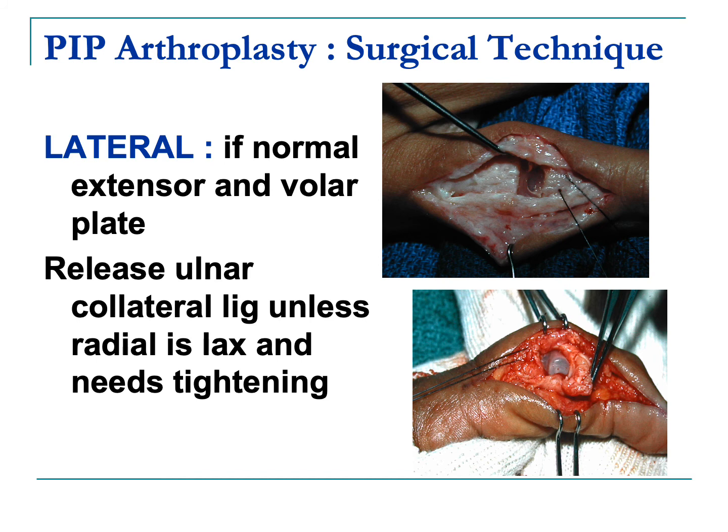If the collateral ligaments are of good condition, I would prefer to release the least important collateral ligaments, such as on the ulnar side of the index or middle. But if there is some laxity of the collateral ligament due to joint deformity, then I will release the collateral ligament on the lax side and then tighten it after the implant has been inserted.